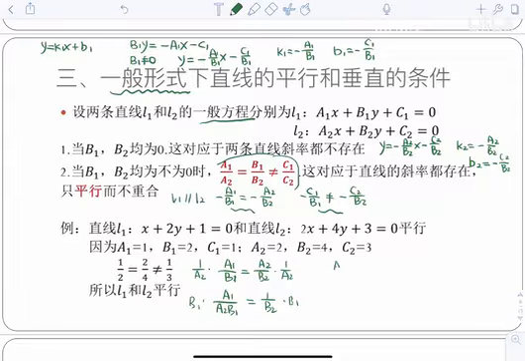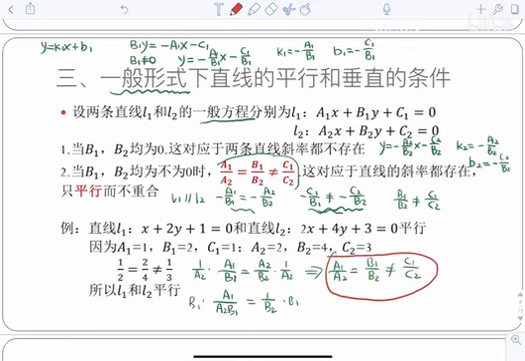So we change this to this. And also this one you can change to B1 times C2 not equal to B2 times C1. So this is not equal. From this we can get this one.